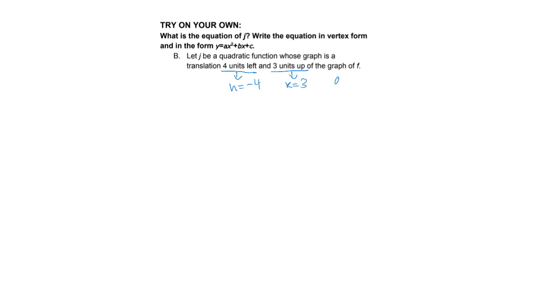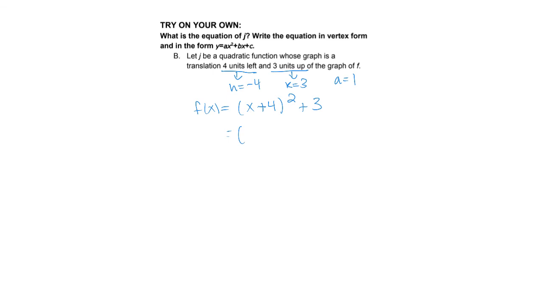We don't have an a, so a equals 1. So we get f of x equals x minus h, so it becomes x plus 4 squared plus k, which is plus 3.